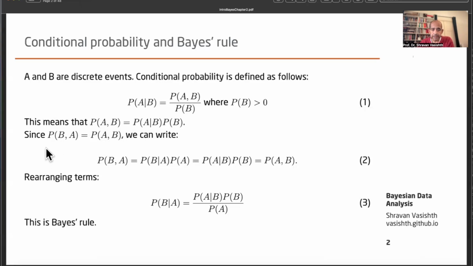But the interesting consequence is that the order in which we write these two events actually affects how the right-hand side of this equation plays out. So instead of writing probability of A and B, we're writing probability of B and A, and that changes the B and A terms.